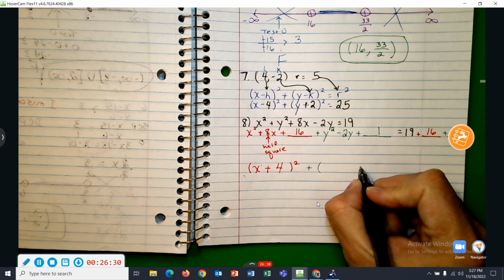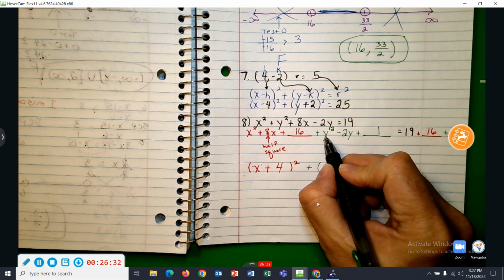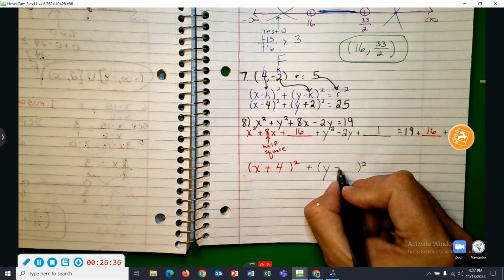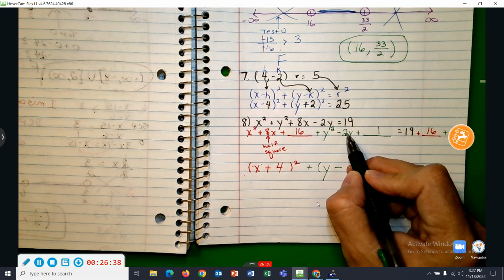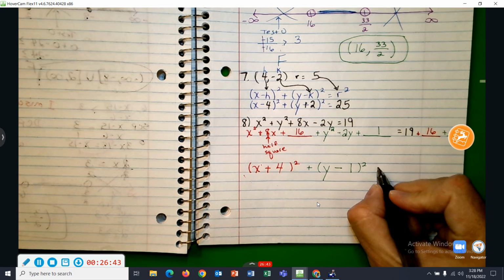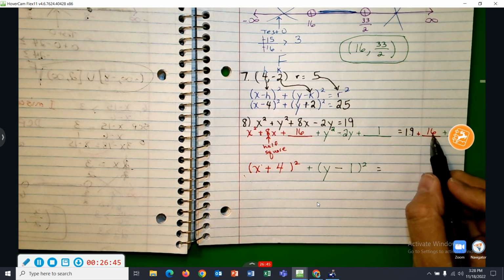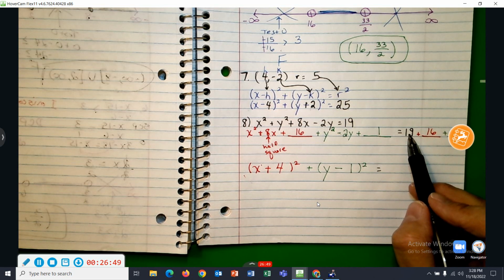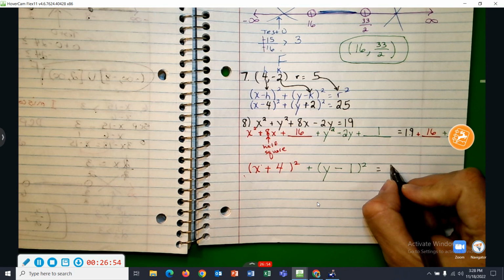Doing the same thing with the y's. Y, that next sign, half of 2. And what number do we have on the right? 16 plus 19 is 35, plus 1, 36.